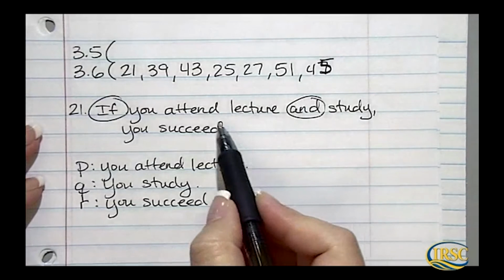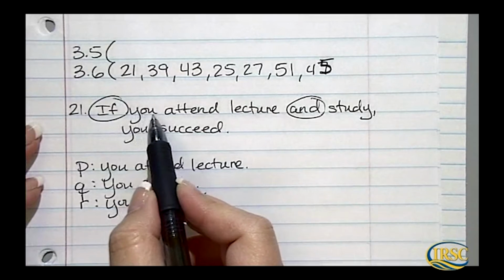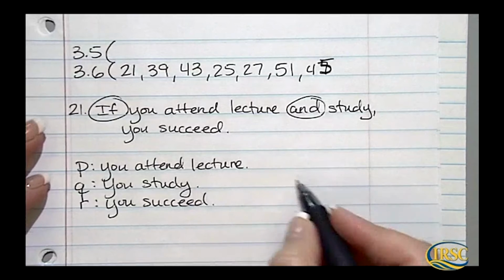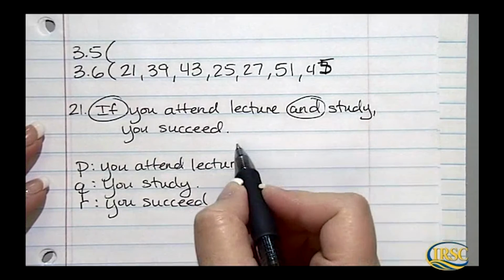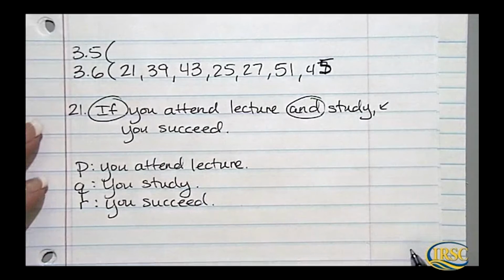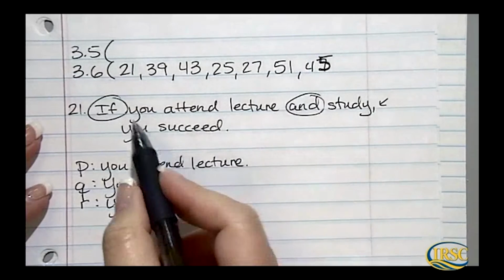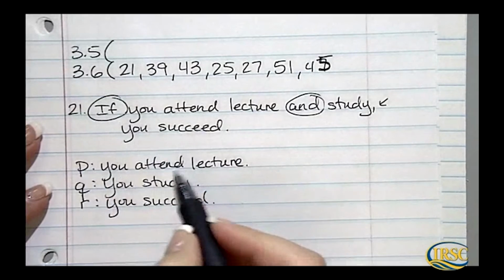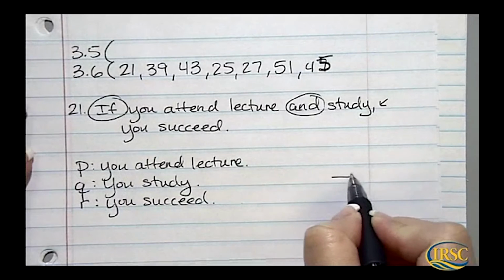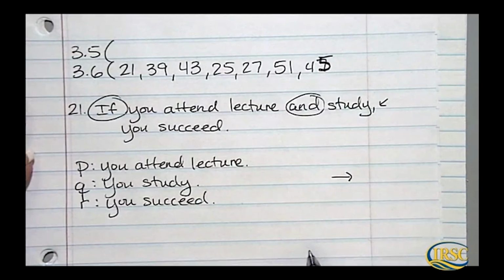All right, so we have, if you attend lecture and study, you succeed. Notice that there's a comma also, and the "if" means that we have an if-then. They just chose not to use the word "then." And so the if part of our if-then is what?